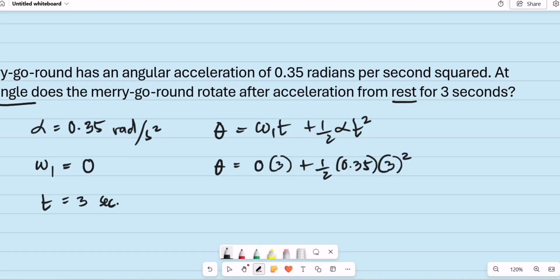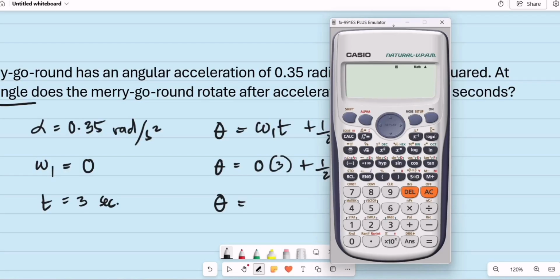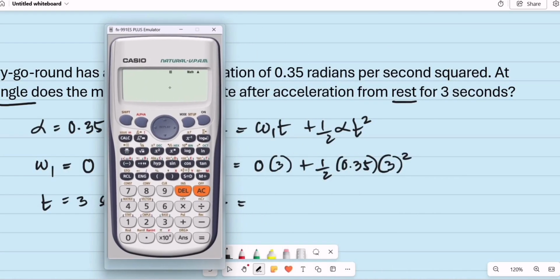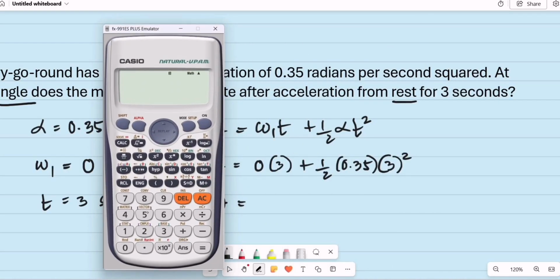Alright, computing for theta: that is 0.5 of 0.35 multiplied by 3 squared.